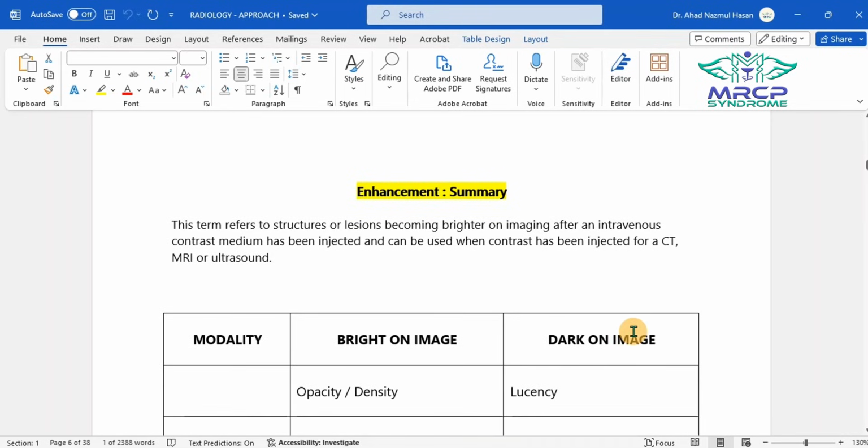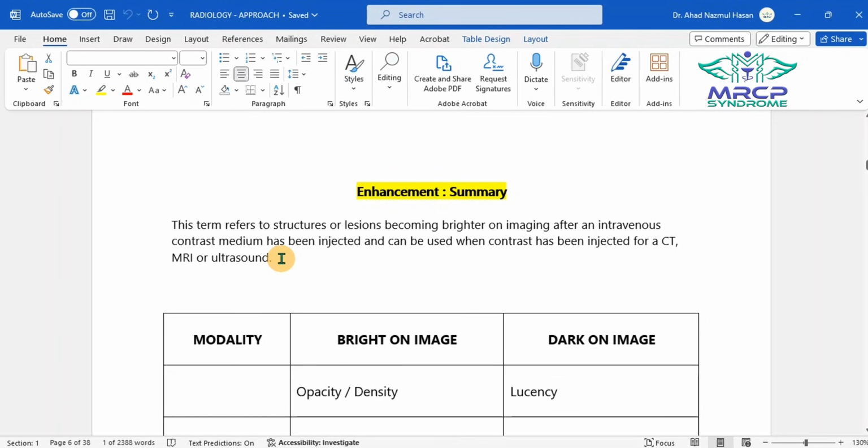So next one is enhancement. The term enhancement refers to structures or lesions becoming brighter on imaging after an intravenous contrast medium has been injected, and can be used when the contrast has been injected for CT, MRI, or ultrasound.